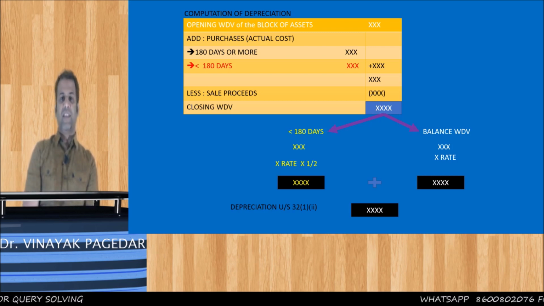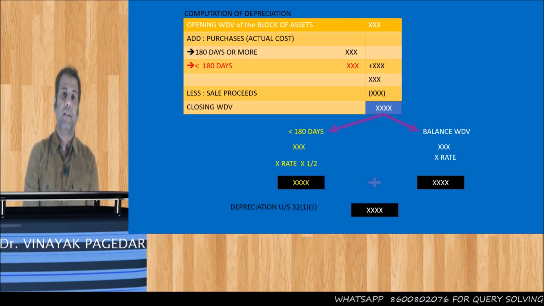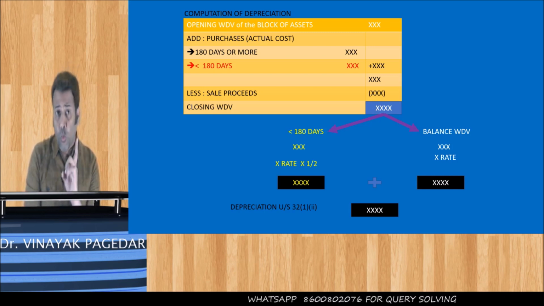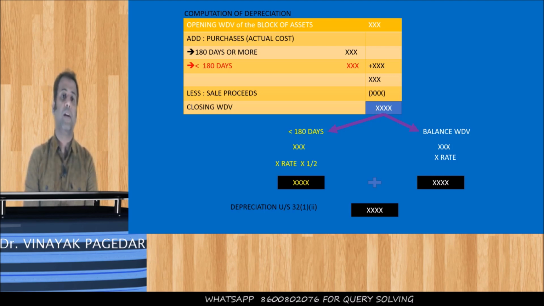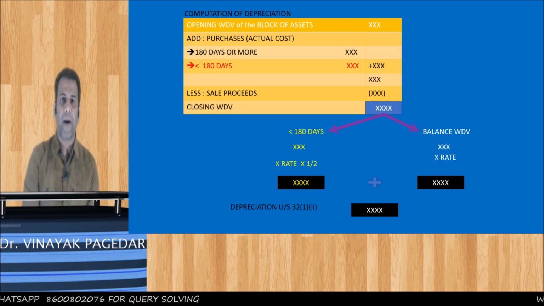Now whatever I have discussed, if you have any doubts, they'll be cleared when I take an example. But before the example, one very important point to understand. Let us say the closing WDV which we calculated using this format comes to 1 lakh.